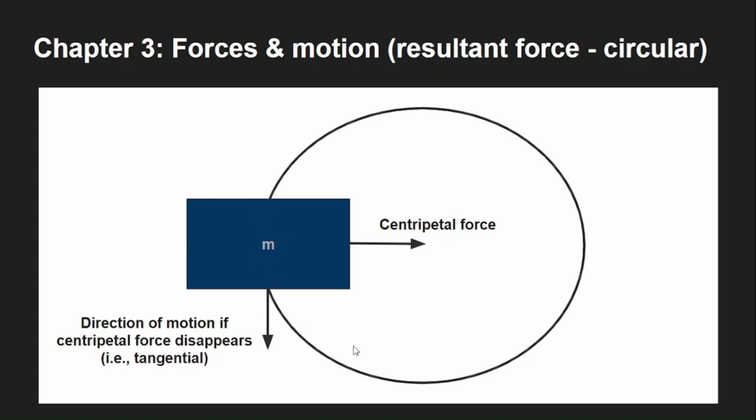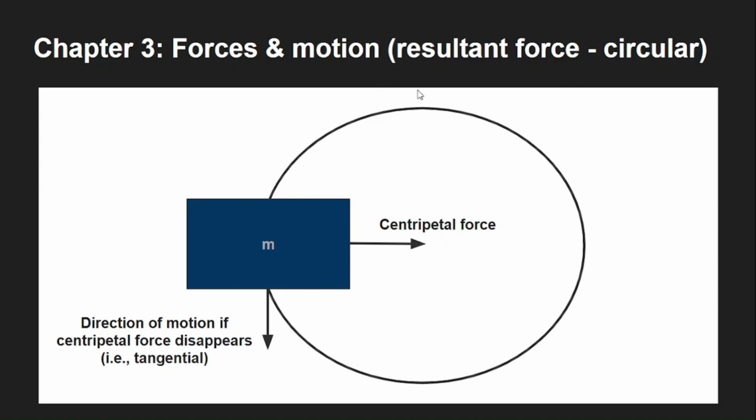Say the object was down here at the bottom and it's moving in this anti-clockwise direction, then you're going to have a tangent that is towards the right. If it was around here and it's moving again in the anti-clockwise direction, it's going to be pointing upwards. So if whatever is keeping the object in circular motion is relieved, then the object is going to travel off, shooting upwards like that.